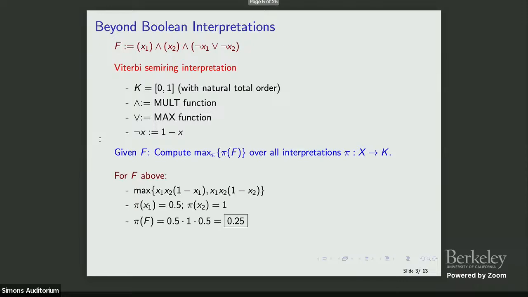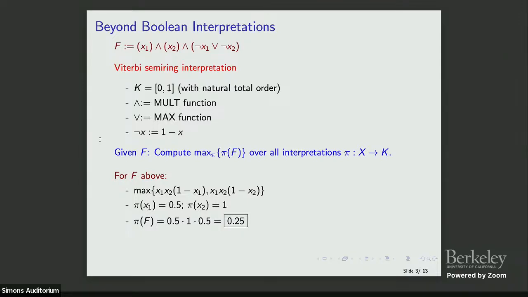You can do this calculation for this formula. You can distribute, and it becomes the max of x1, x2 times 1 minus x1, or x1, x2, 1 minus x2. You can see that this takes the optimum value at x1 equal to 0.5, x2 equal to 1, and the max value it takes is 0.25.